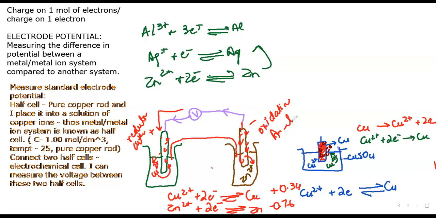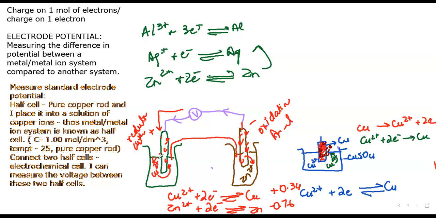But what is fixed? Reduction and oxidation. Reduction is always at cathode, oxidation is always at anode. And that's what you can see happening over here as well, right? So over here, zinc is the negative electrode because the electrons are flowing from zinc towards copper. But at the same time, my copper ion, because copper has a higher electrode potential, will get reduced more easily.